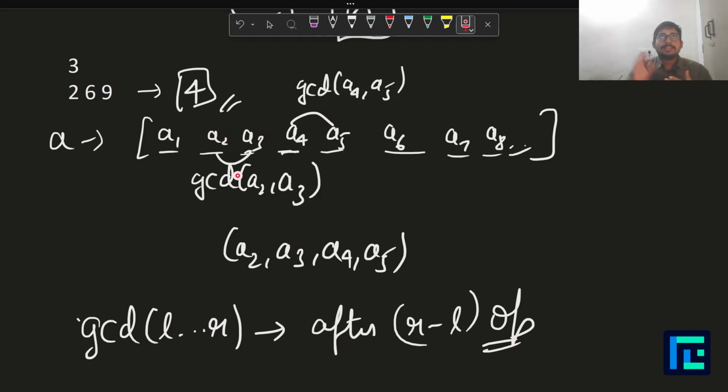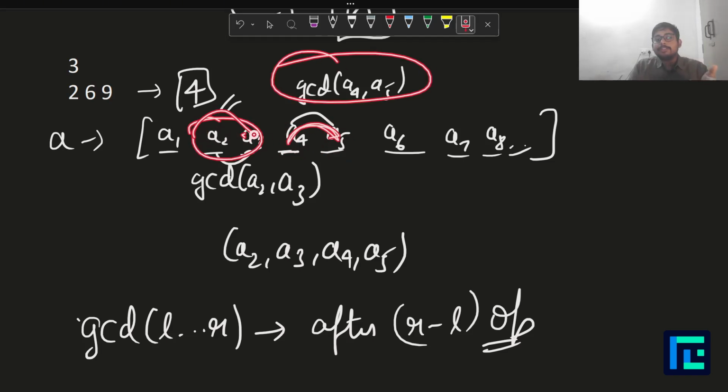So you can prove this also: if you want to get GCD of 4 numbers, in every operation we can only combine any 2 numbers. Initially all of them are single. In one operation you can combine these two numbers to get their GCD. In the next operation maybe these two can be combined.